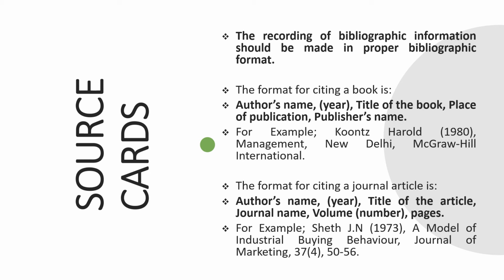A few of the components, like year, volume number, and pages, can be placed one after another according to the way of referencing, whether you are following IEEE or APA. So different formats could be used as per the requirement of the referencing style.